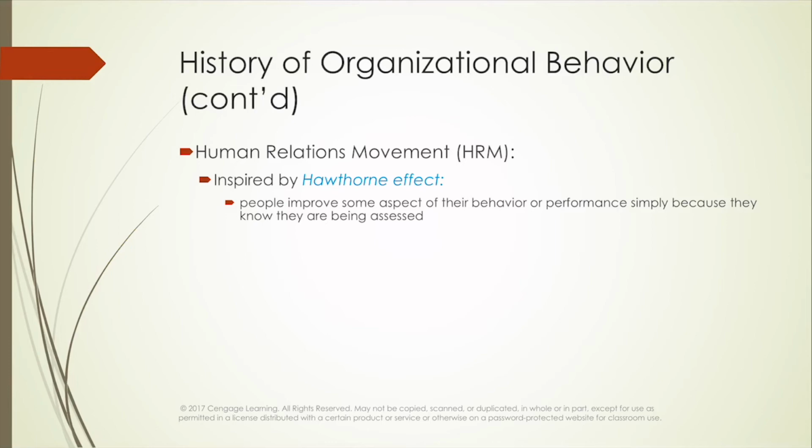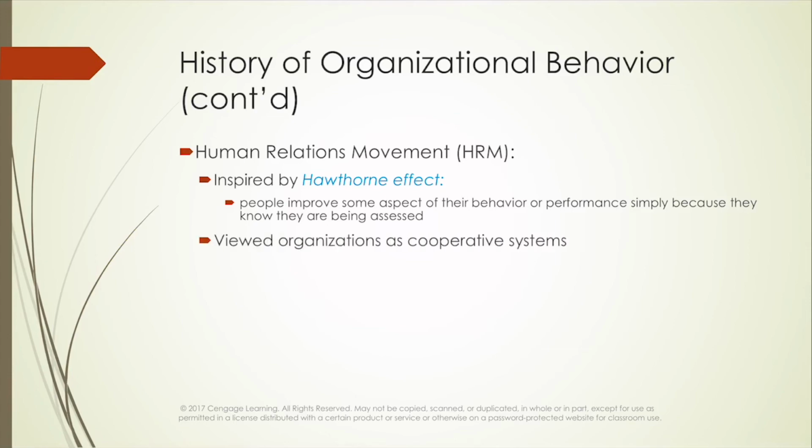This is where they started to learn the influence of cohesion in the workplace. And as you see here, some people improve some aspect of their performance or behavior simply because they know they're being assessed. So the idea that the boss is watching, this is where all of that came about.